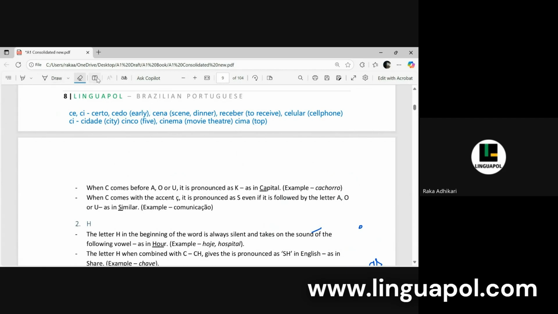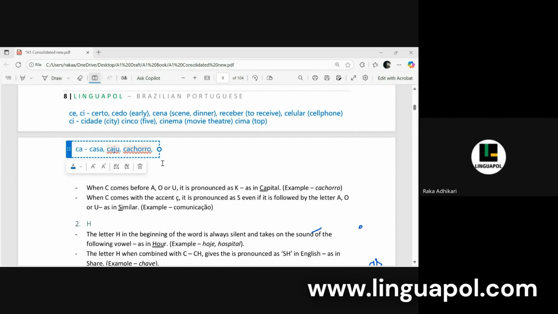Again, there are a lot of words with this combination. Let's start with CA. For example, casa. Caju. Caju is the cashew that we know. Cachorro means a dog.